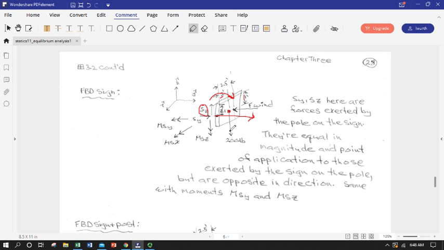So that's what this force is going to do. It's going to rotate the sign around that axis.